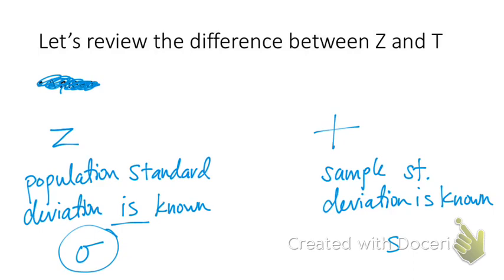You just have to read it and know that it's talking about the population. If the standard deviation is attached to the sample, then that means we're going to use T. So let's go through a few examples and try to decide whether it's Z or T.